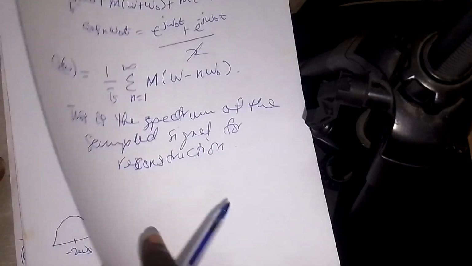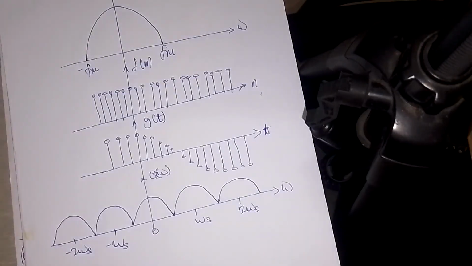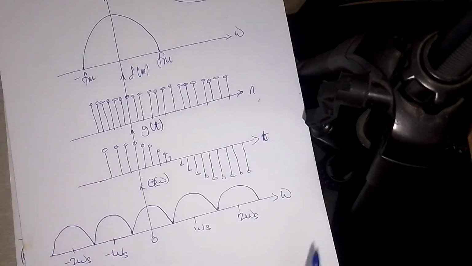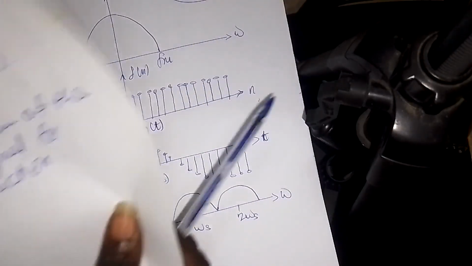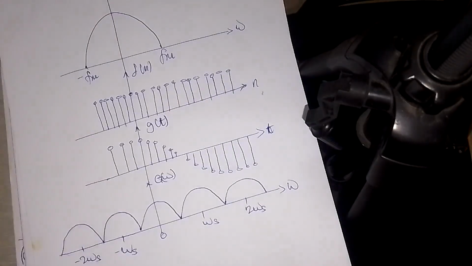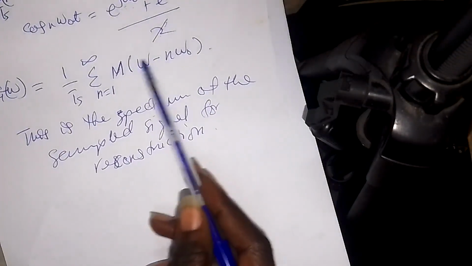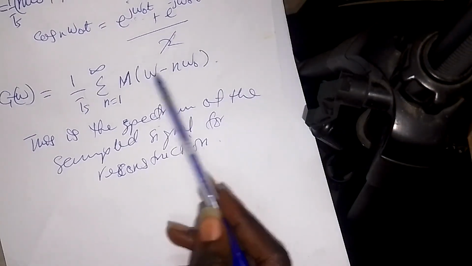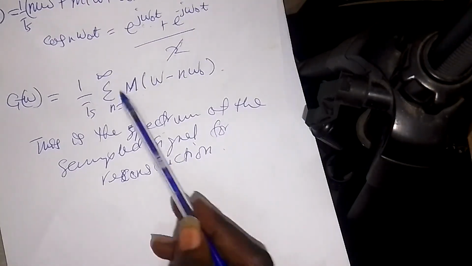This is the spectrum for reconstruction. The value here is what I'll use to determine this particular spectrum for the reconstruction of the original signal, because if I find the inverse Fourier transform of this spectrum, then I'll get the original signal back.